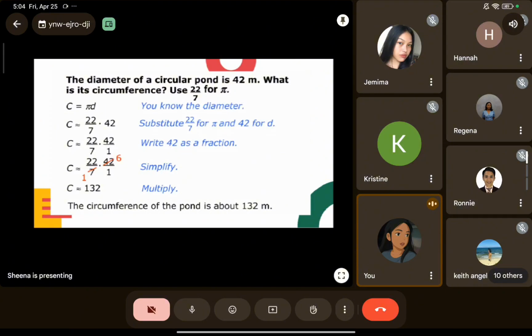So, the circumference of the pond is about 132 meters.